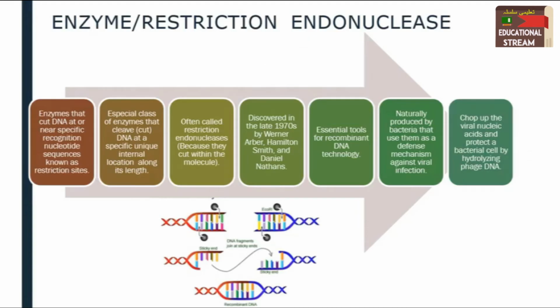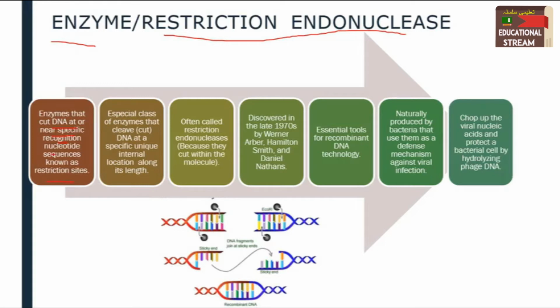Now we are moving towards the restriction endonucleases, which are important enzymes. Restriction endonucleases are enzymes that cut the DNA at or near a specific recognition nucleotide sequence, which is known as the restriction site.